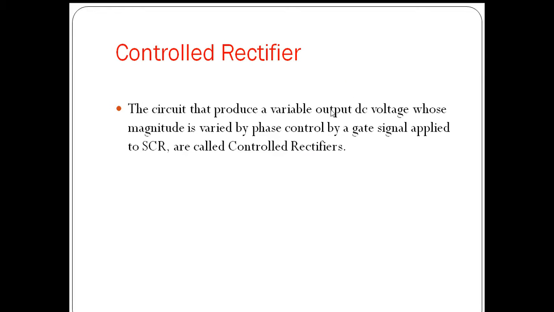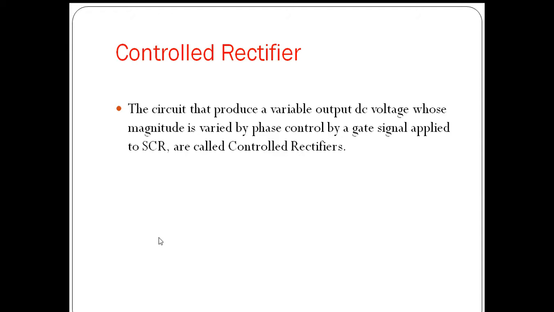A controlled converter is a circuit which produces a variable output, whose magnitude is varied by phase control, by a gate signal applied to the SCR. That's why these are called controlled converters.